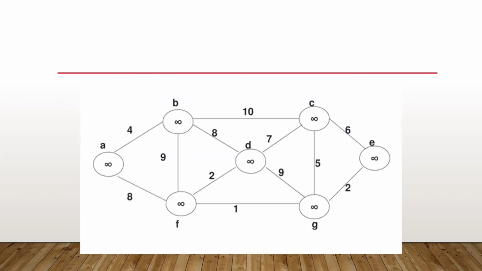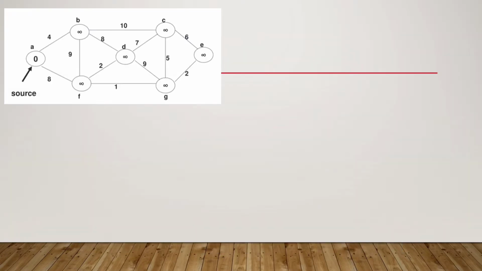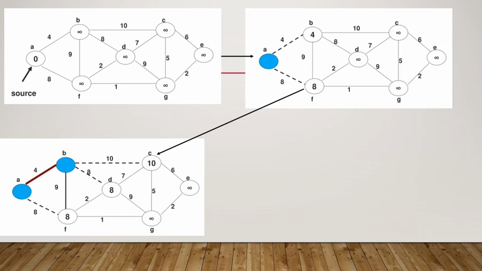So here, let us choose vertex A. There are two paths from vertex A: AB is 4 and AF is 8. Which one should we choose? We should choose AB because it has the minimum weightage. So let's take A as the 0 source, and we have chosen the AB path because it is the smallest.